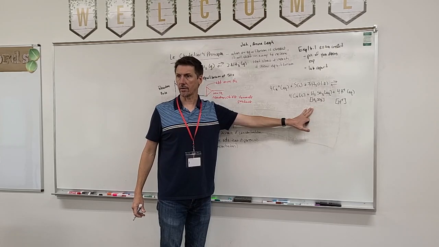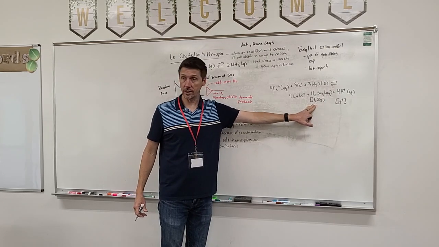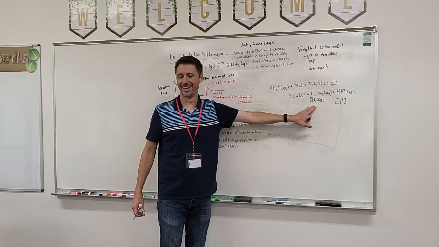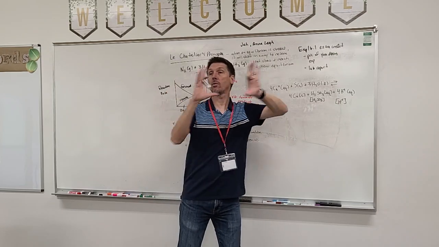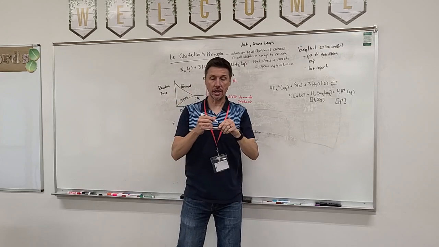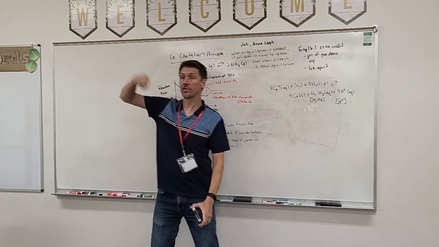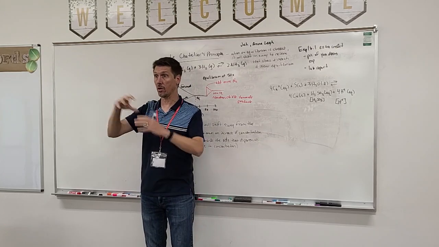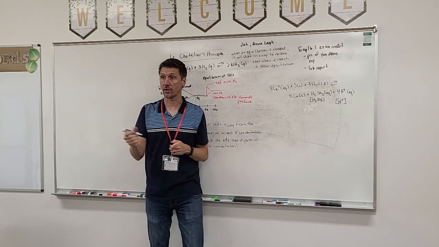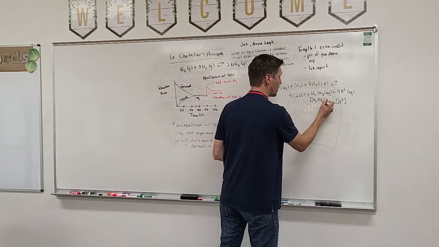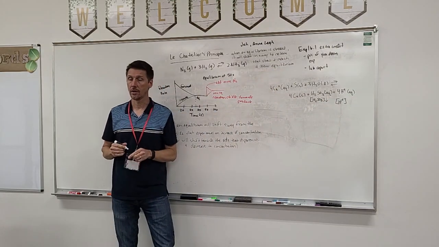Is it going to go up or down if we remove some of this stuff? I'm not talking about how it shifted yet. I'm just saying if you've got a certain amount of this stuff in the reaction and we remove some of it, overall we have less of that, so the concentration of that stuff goes down.